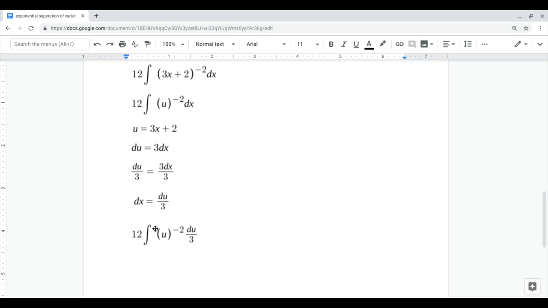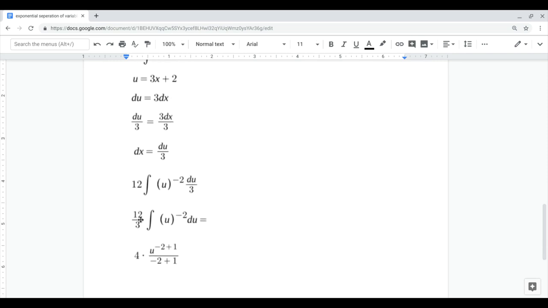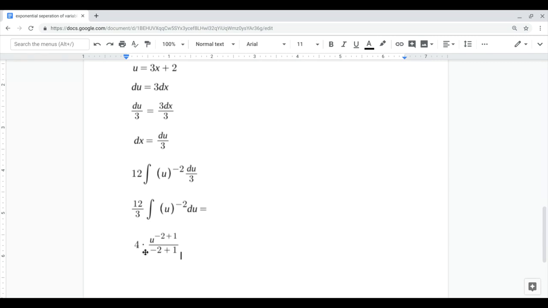12 times the integral of u to the negative 2 power du divided by 3. We can now take this 3 and put it over here, divide the 12 by the 3. And we're left with 12 divided by 3 of the integral of u to the negative 2 du, which is just going to be 4 times u to the negative 2 plus 1 power, and negative 2 plus 1.